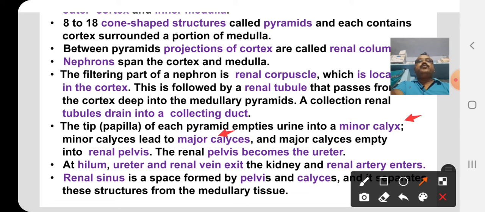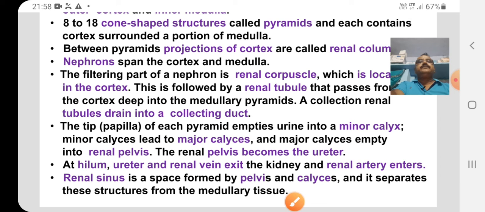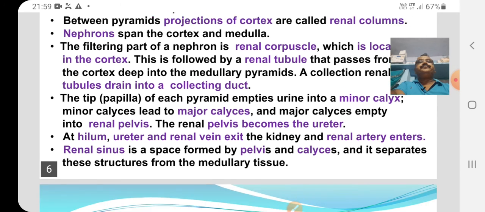Minor calyx lead to major calyx, and major calyx empty into the renal pelvis. The renal pelvis becomes the ureter. At hilum, ureter and renal vein exit, and the renal artery enters. Renal sinus is a space formed by the pelvis and calyces, and it separates these structures from the medullary tissue.